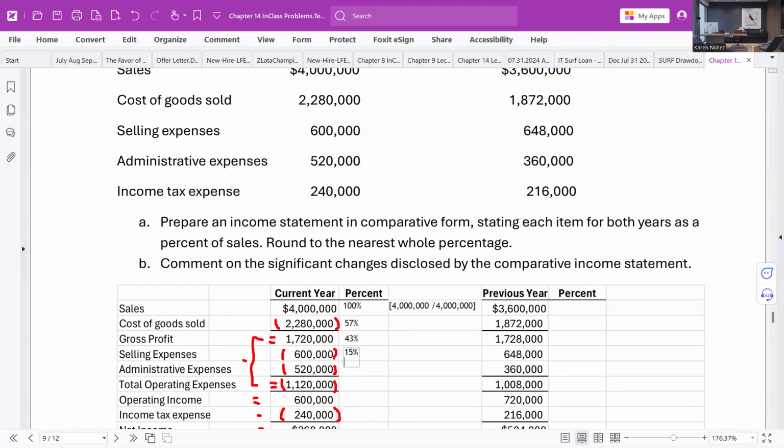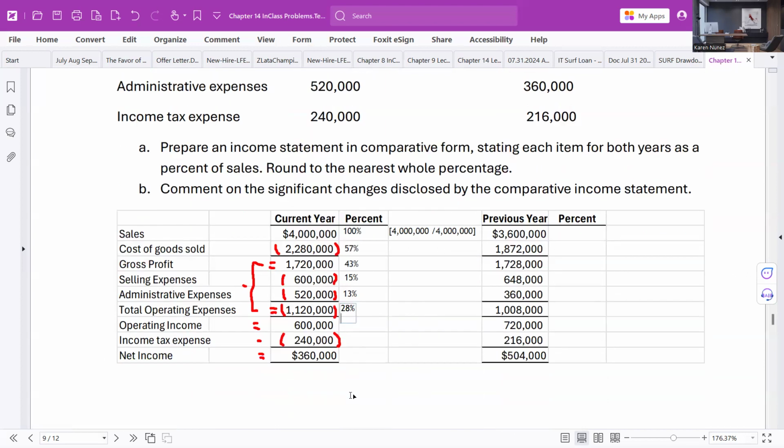I'm just going to do one year, not both years, because that's something you should be practicing on your own. I'll finish off this one income statement, and then we'll talk about it, and I'll let you worry about the previous year.